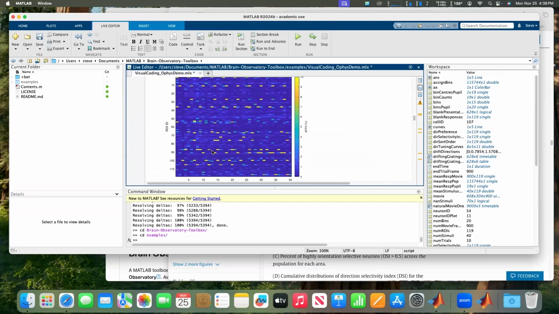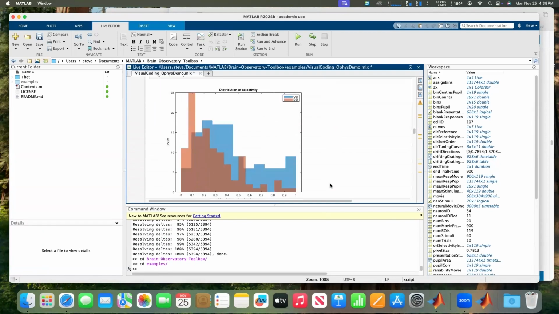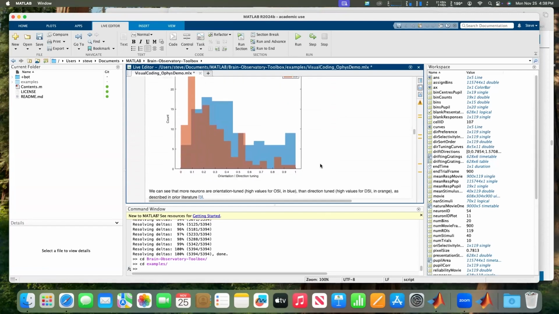So you can see that different neurons are responding strongly to different stimuli. We can look at the orientation and direction index values of these neurons. And here we see confirmation of what we saw in Marshall et al., that these areas have stronger orientation selectivity index values than direction selectivity index values.